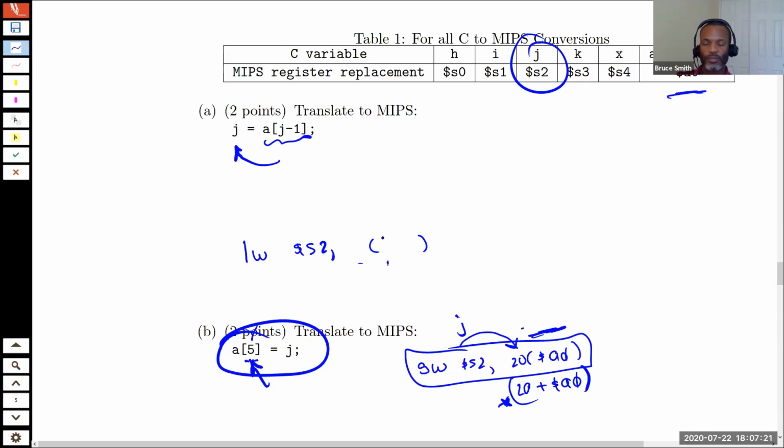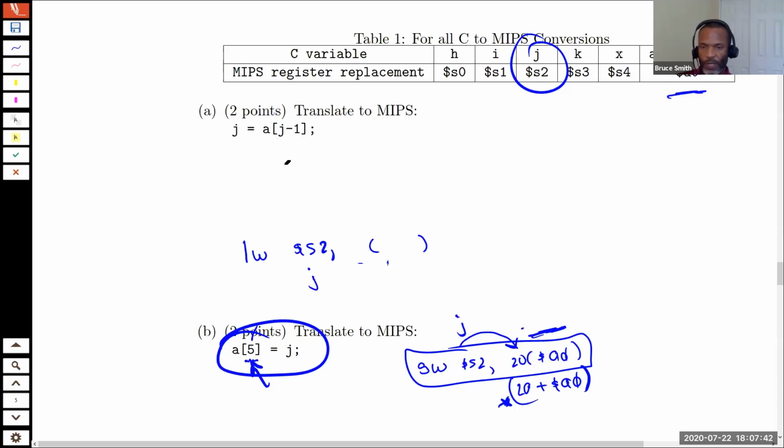But this is my J, so my stand-in for J is S2. So I'm assuming that that value has already been established to represent J, or that register has been.